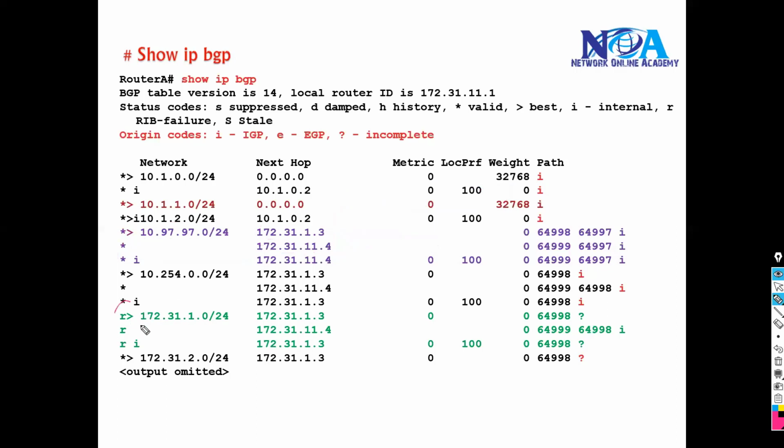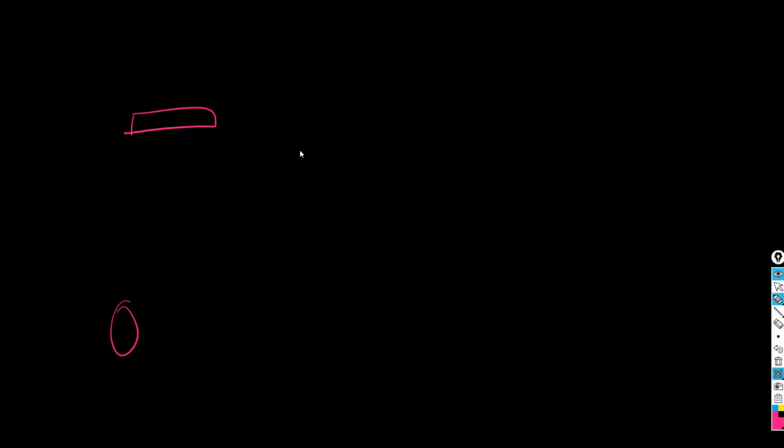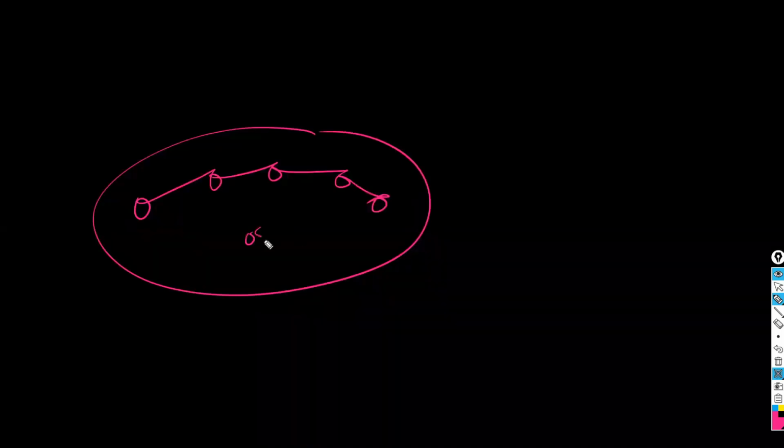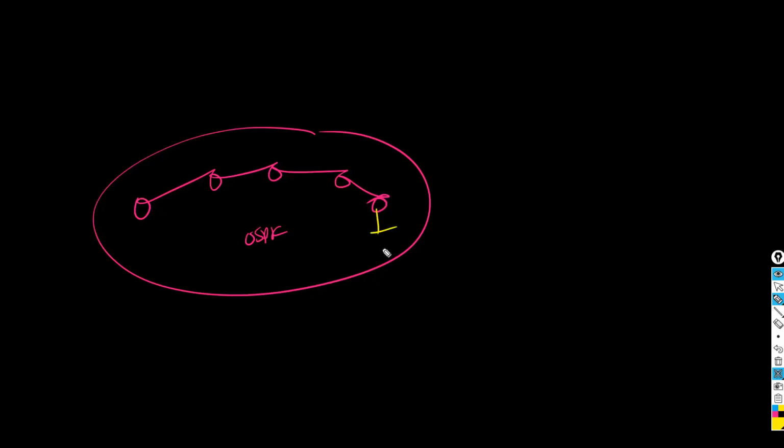Again, there is something called R. R stands for RIB failure. RIB failure is one of the possibilities. Let's say you have your network, and I'm running some OSPF here, and I'm advertising some 20 dot network, which is advertised in OSPF.